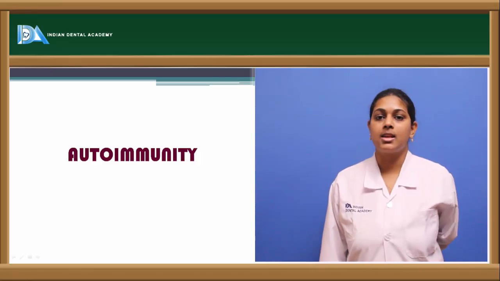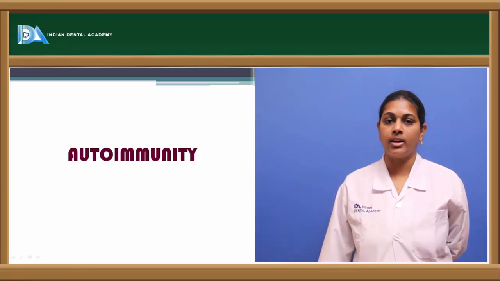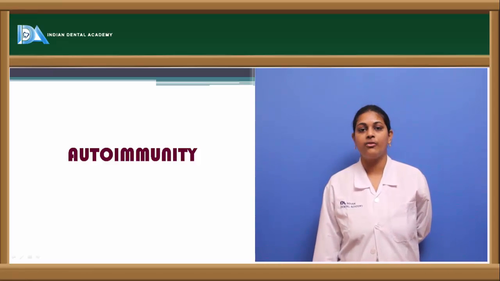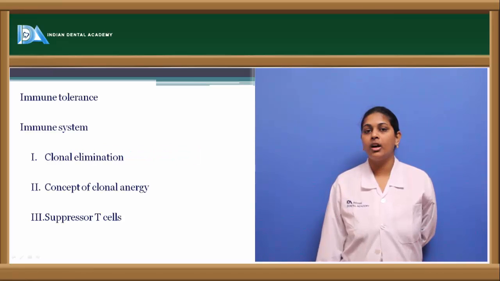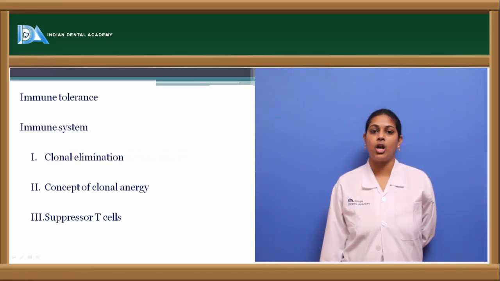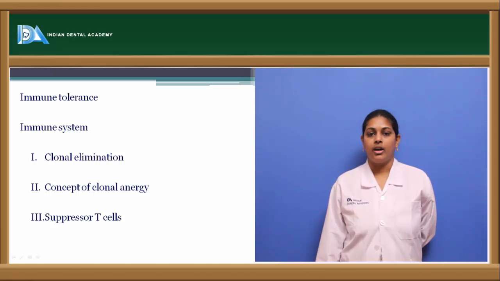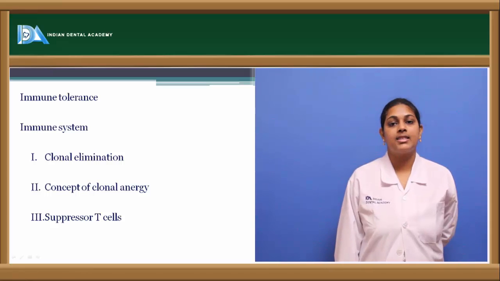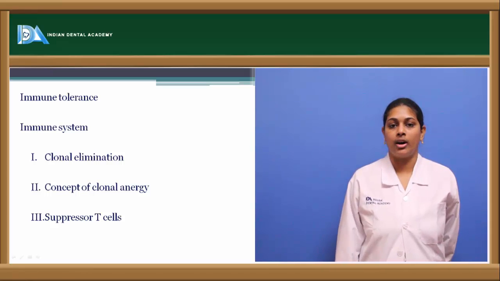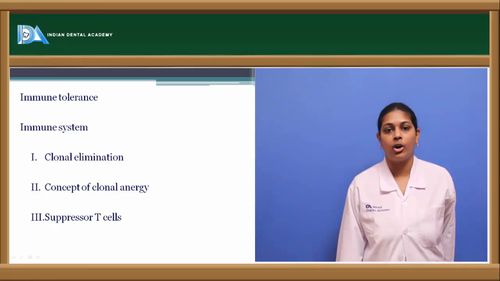Normally, a human system has immune tolerance, the capacity and ability to recognize and differentiate between self and non-self agents in our body. But in autoimmunity there is a failure, and the system recognizes self antigens as foreign antigens and forms autoantibodies.